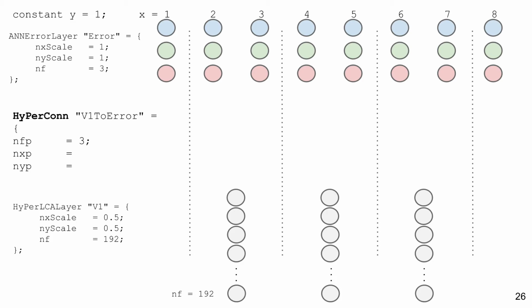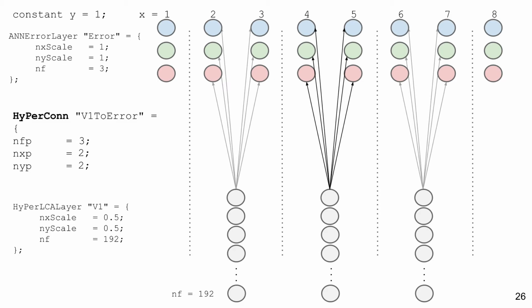The reason that, for this hypercon, it says V1 to error, the reason it's 3 is because that's telling this that from the V1 to the error, for each one of these, you're going to have to look at 3 elements in the feature dimension. So as you see right here in the illustration, that's precisely what happens. In this case, we have NXP, NYP equaling 2, so it matches to 2 elements.